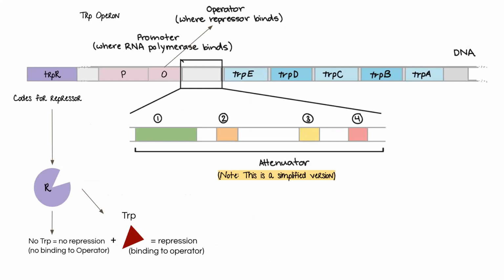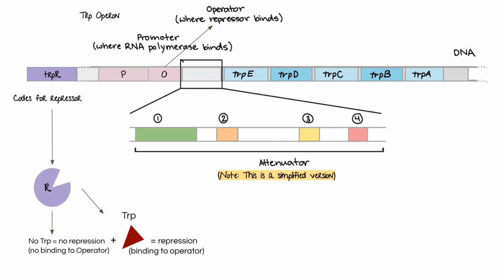At the first stage of control, if you have a lot of trip, you have repression because the cell doesn't need to make any more. That trip binds to the repressor, activating the repressor and repressing the operon.